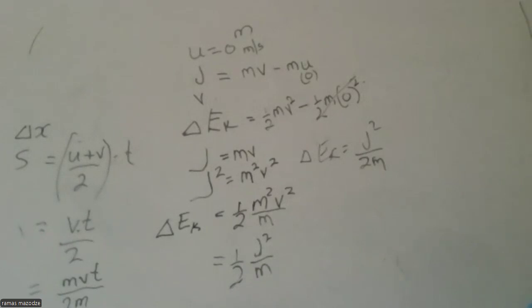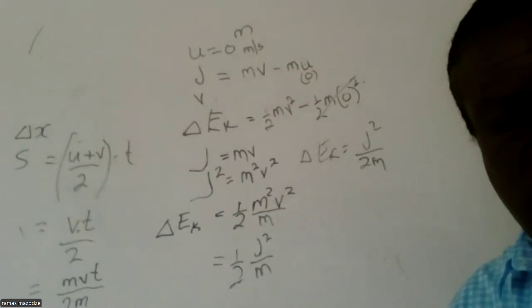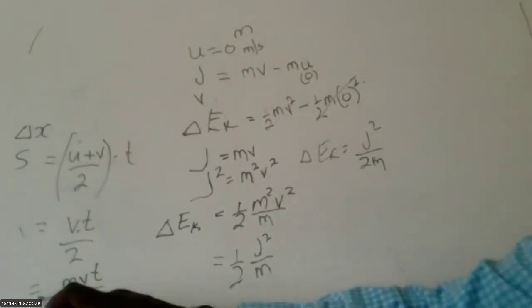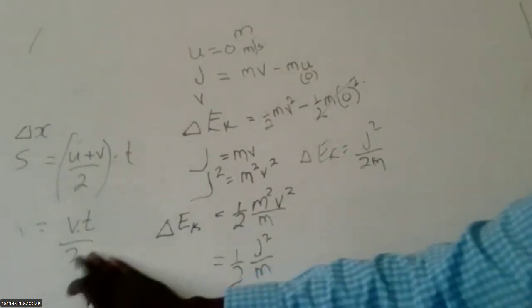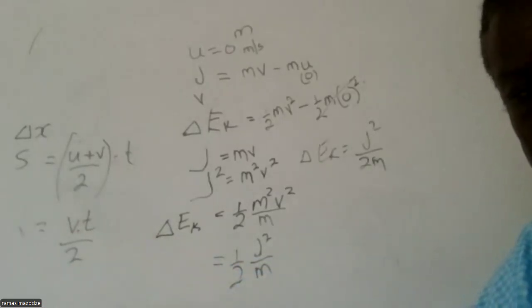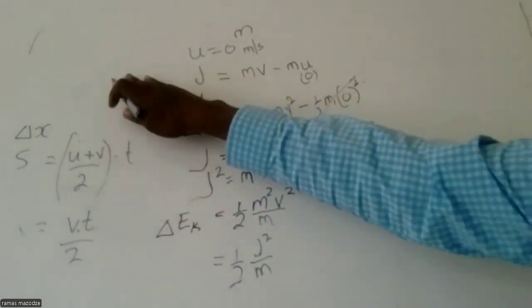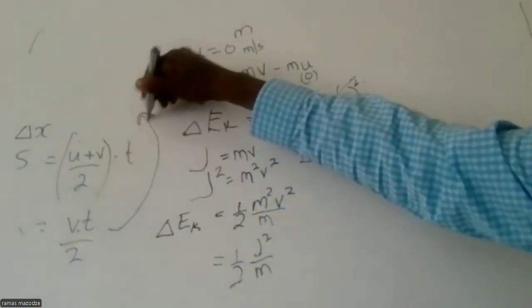Is it clear there? I said vt over 2. Let me move to the top part, because it's not clear there.